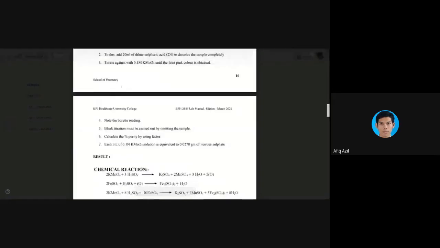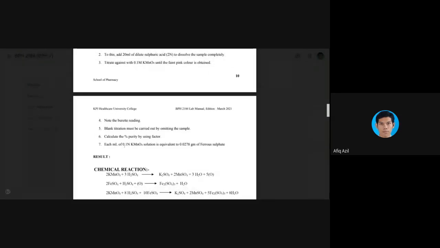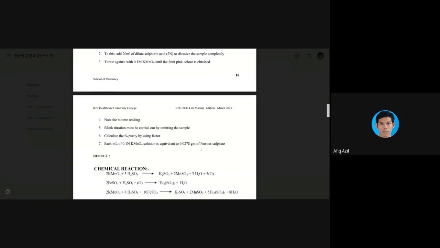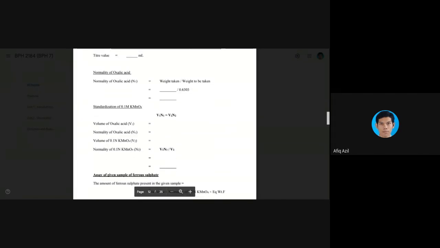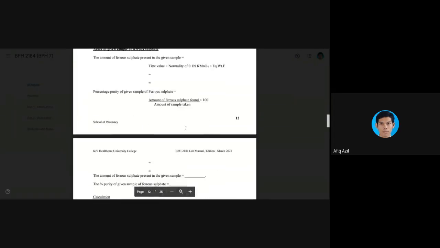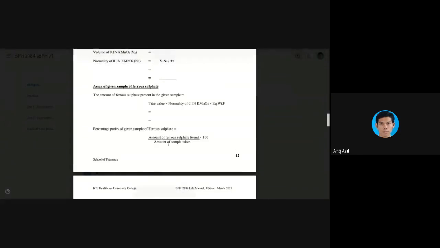You have to make sure that you get 3 concordant values as well. Each ml of the potassium permanganate solution used is equivalent to 0.0278 gram of iron(II) sulfate. So these values will later be used in this formula.